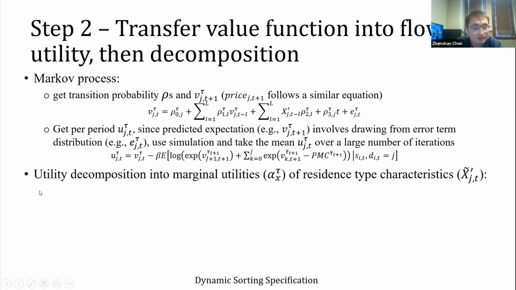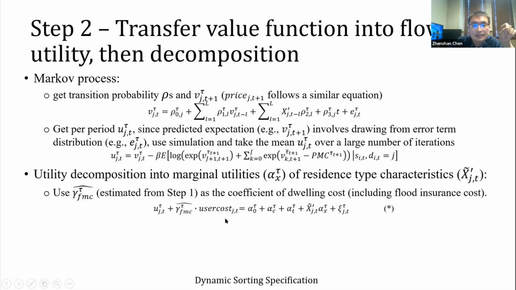There are quite some details there. The utility decomposition decomposes the flow utility into marginal utilities of different residence type characteristics. Those characteristics include ocean view and flood zone.